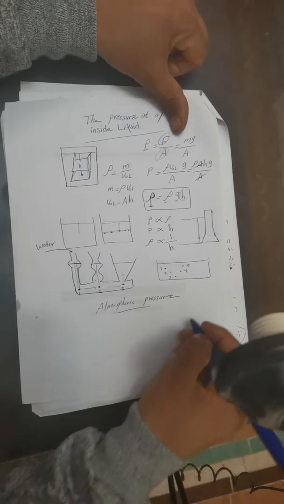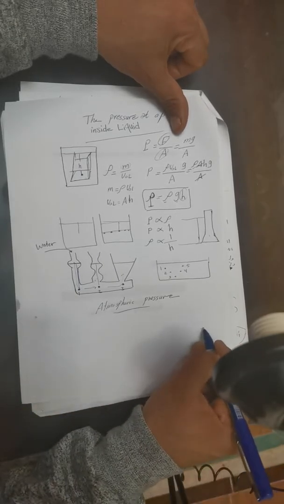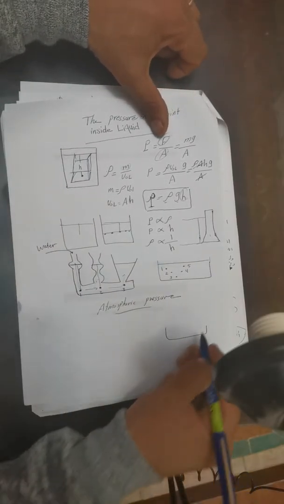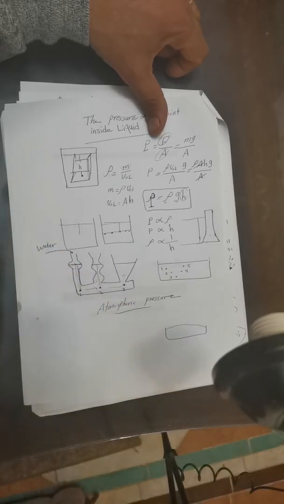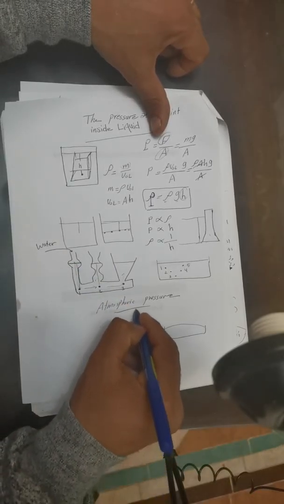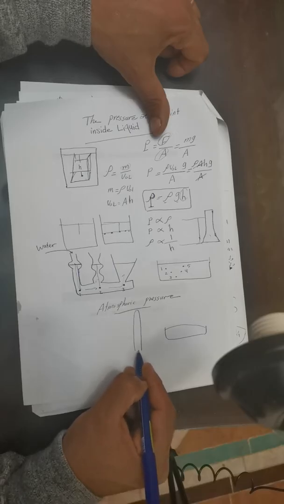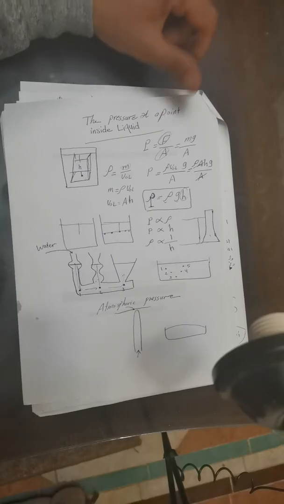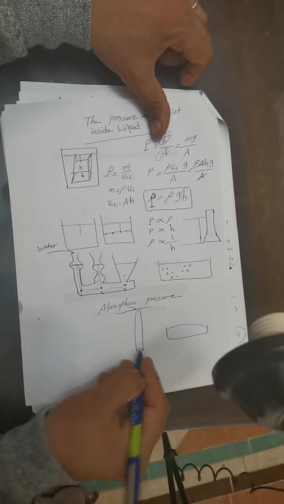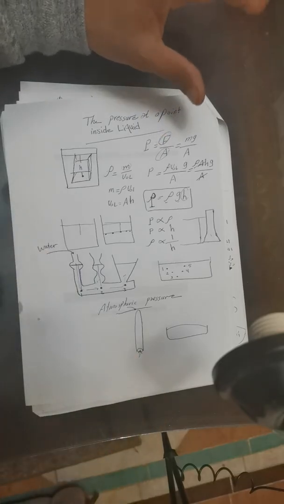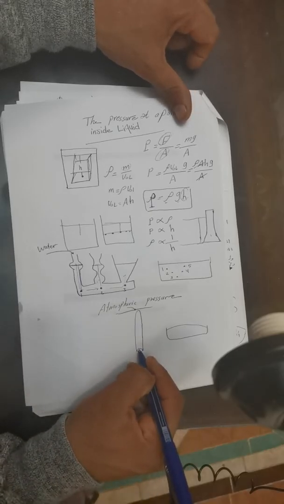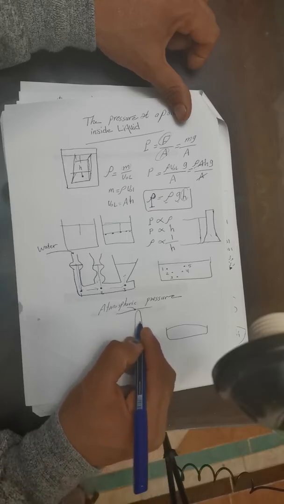This barometer consists of a wide container containing mercury, and a large tube open from one side and closed from the other side. It is not important for it to have a fixed or certain cross-sectional area. This tube is completely filled with mercury.